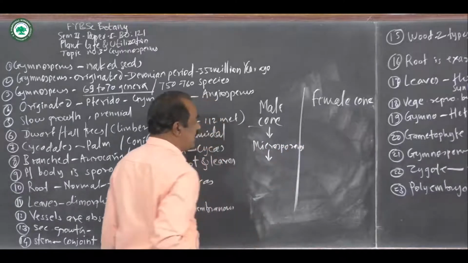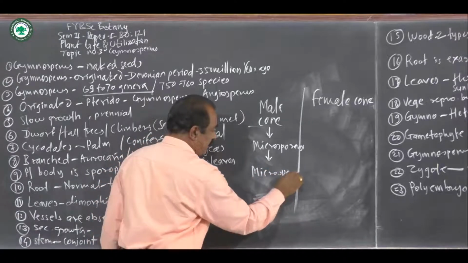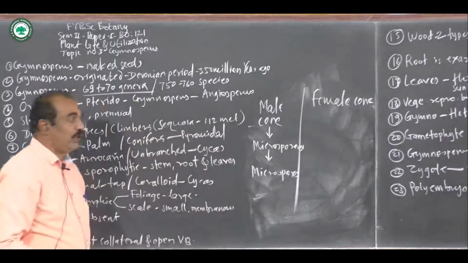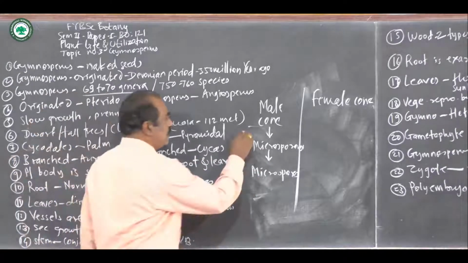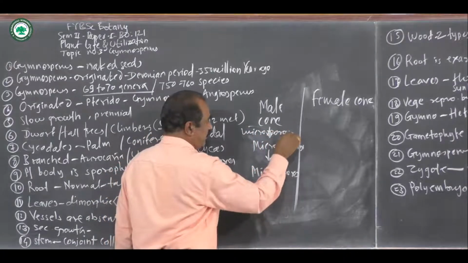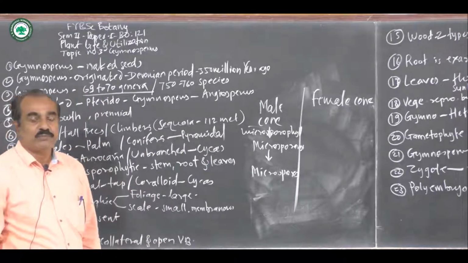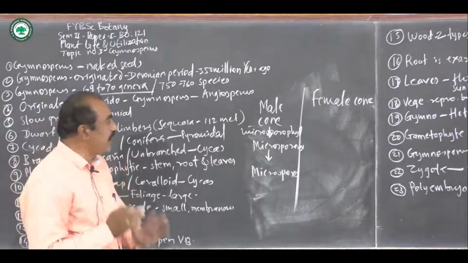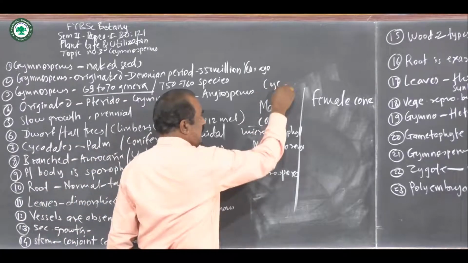In the microsporangia there are the microspores. The structure on the cone where these microsporangia are developed is called the microsporophyll. A very large number of microsporophylls become compact, and that structure is called the male cone, for example in cycas.